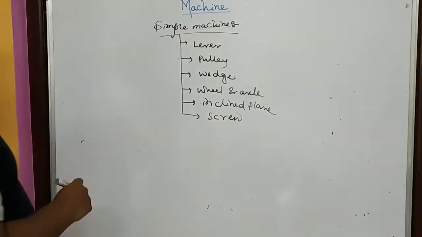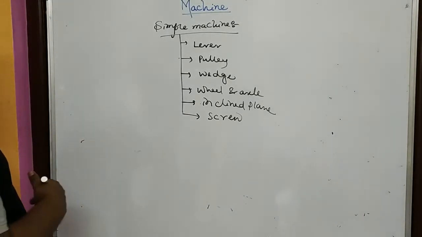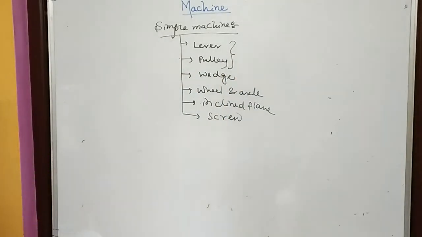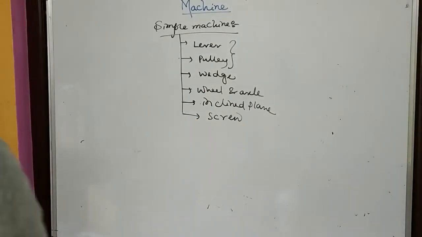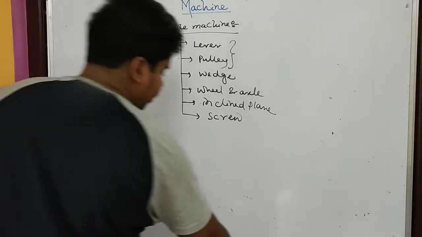Among these simple machines we will learn lever and pulley, because they are in our syllabus. The rest are not there. Initially inclined plane was also included, but now it is only lever and pulley. So that's why we have to start from lever.